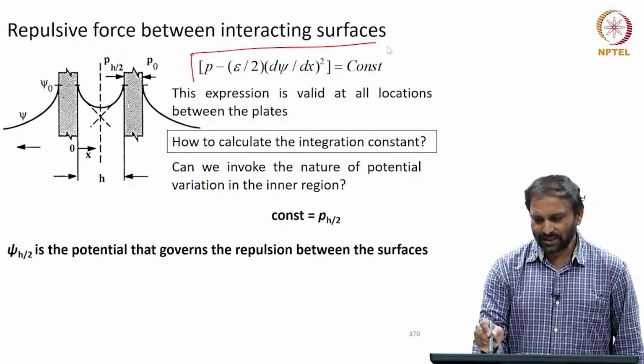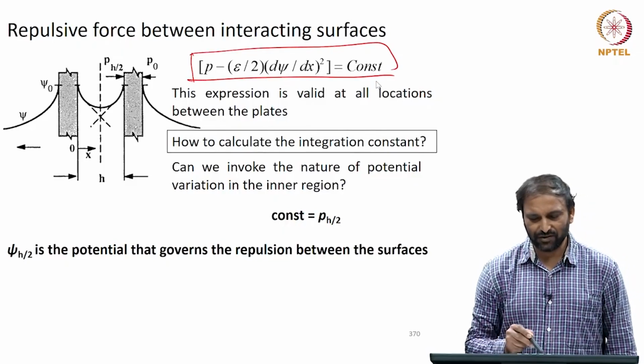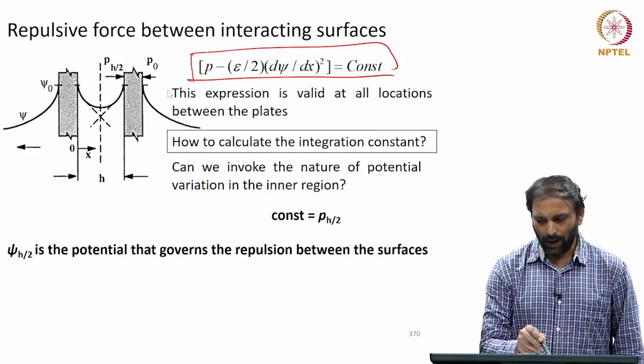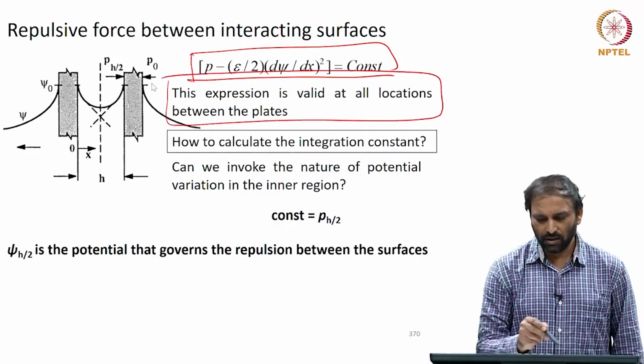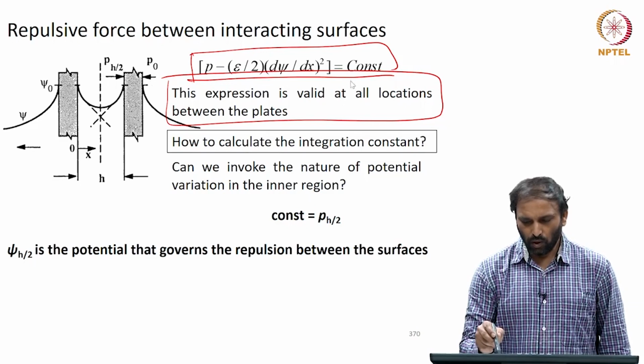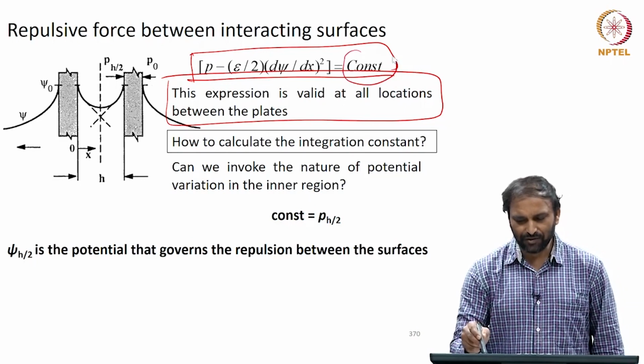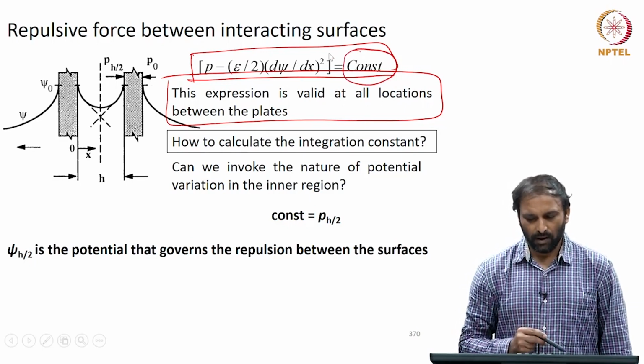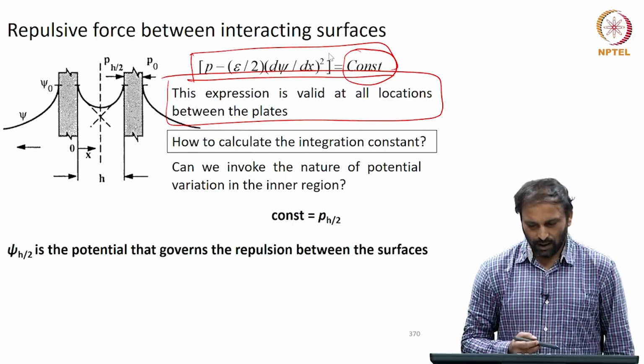So therefore, this expression that we have derived, which is the condition for equilibrium, is valid at all locations within the plates. So, of course, we will be interested to find out what the integration constant is.